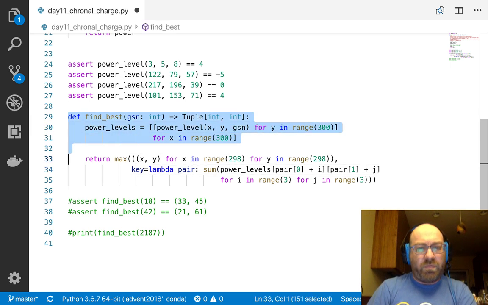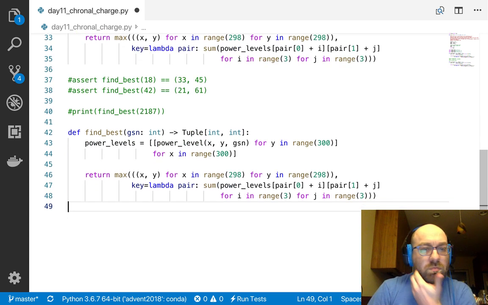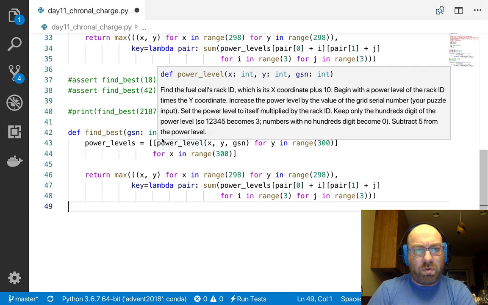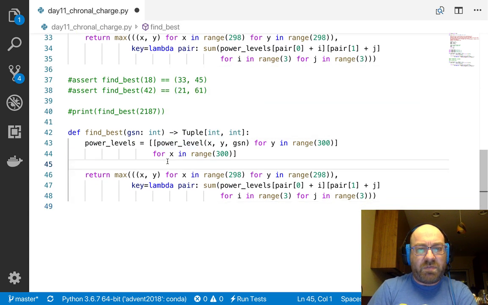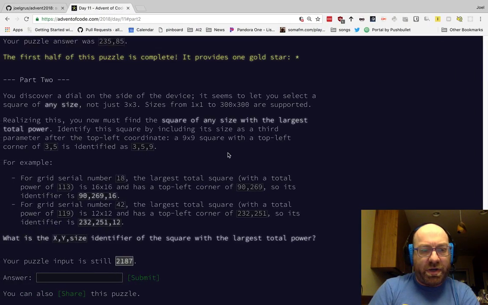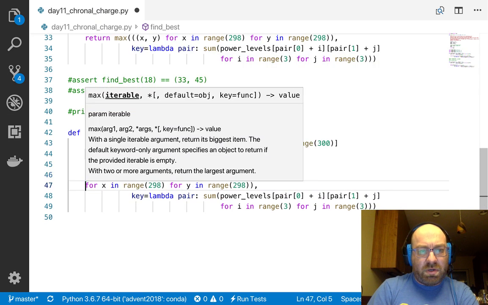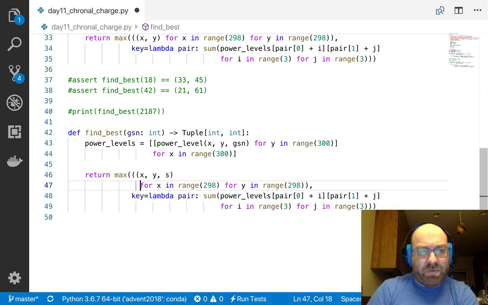so the brute force way here is going to be very slow. Power levels is fine. So now what I want to do is max x y, and I'll call this s, for x in range 298.